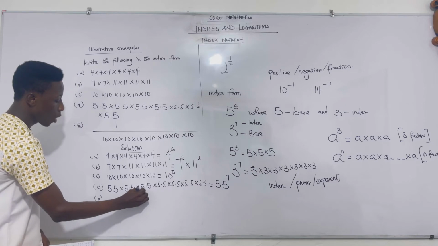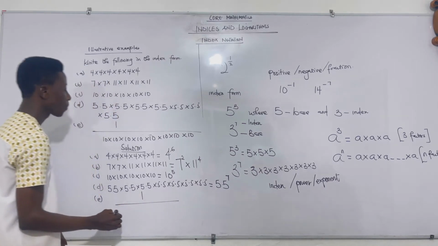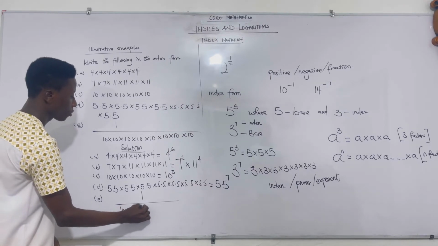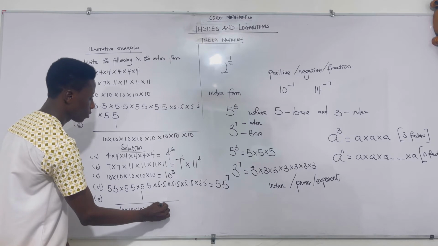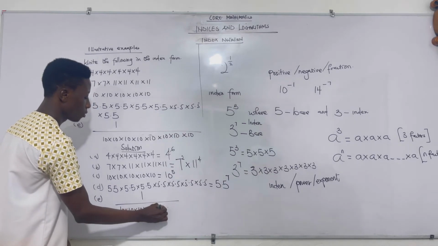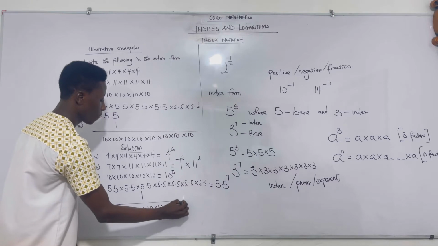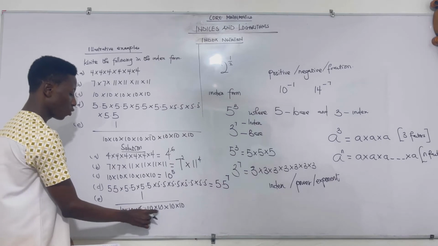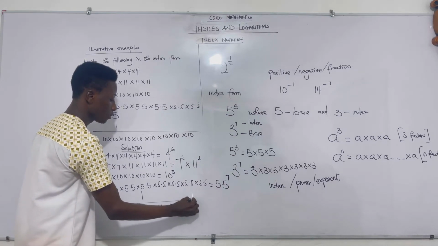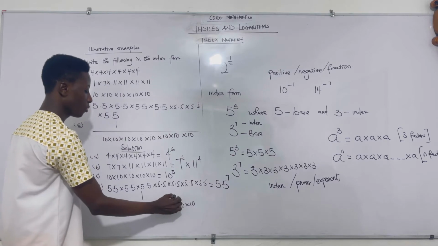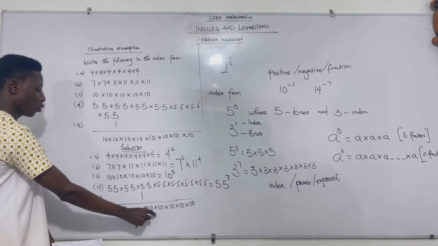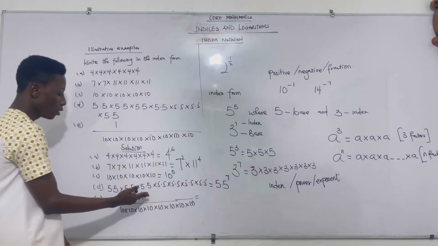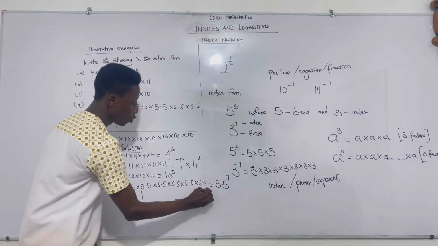All right, let's try the last one. We have 1 over 10 times 10 and so on. Counting, we have 2, 4, 6, 8. So what's the value? 1 stands on its own, so you maintain that.